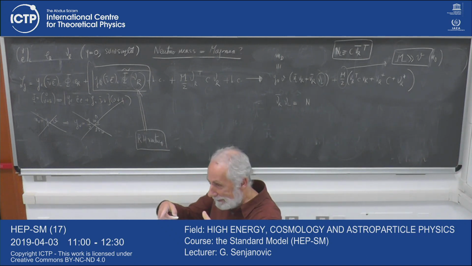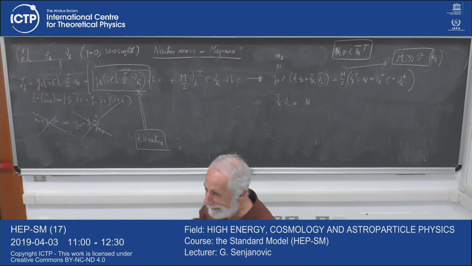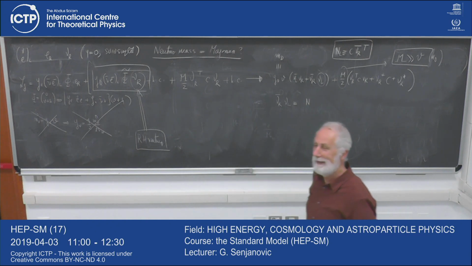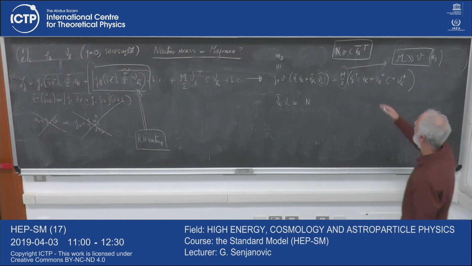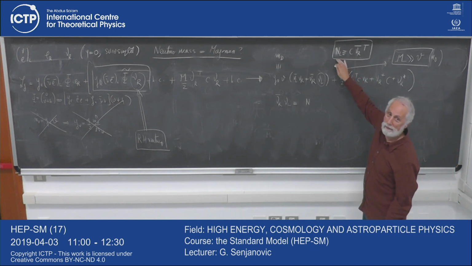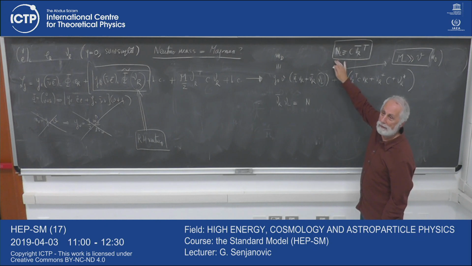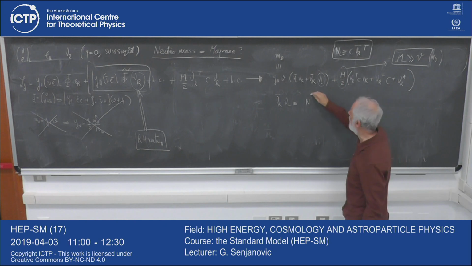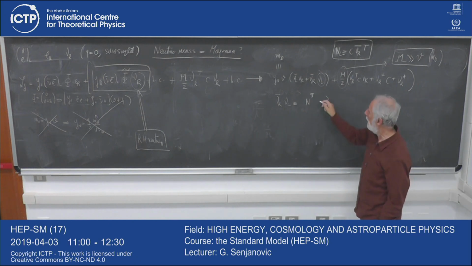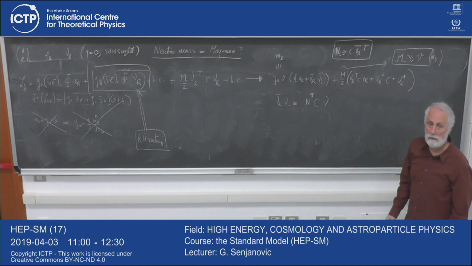Well, nu R is N. So just think like that. If there is no R, it's going to be N, but it always has to be transposed, otherwise you won't get an invariant. You cannot take two spinors, you must take a transpose. And the only thing that can come here is charge conjugation.